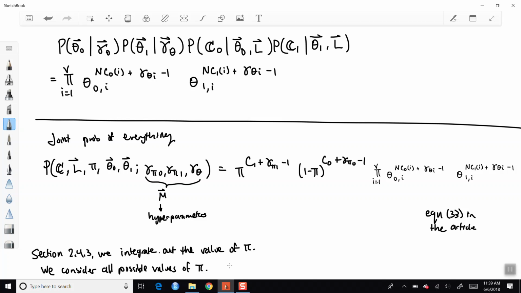Okay. And in section 243, they do some math to integrate out pi. The result looks crazy, okay?